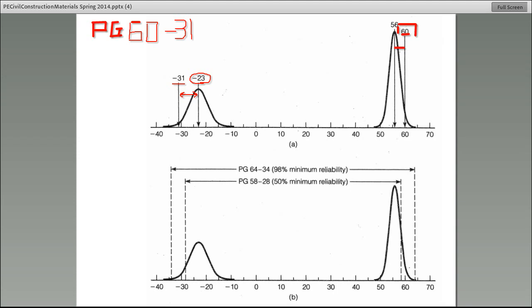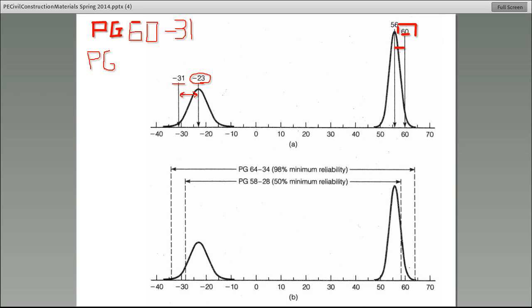Once again, Mary, do we have PG60? We do not have a PG60. So what do we use? Well, in order to get 60, El Paso, standard deviation for the cold side was 4 degrees centigrade.